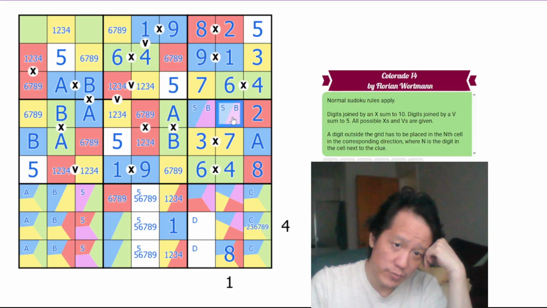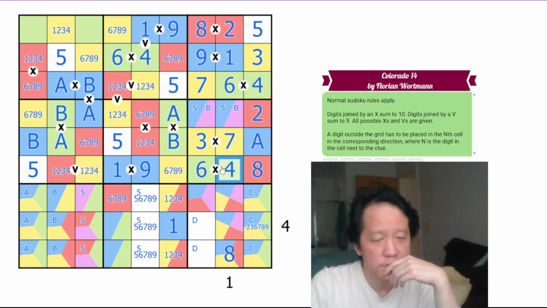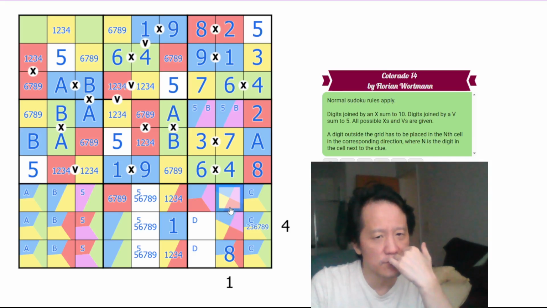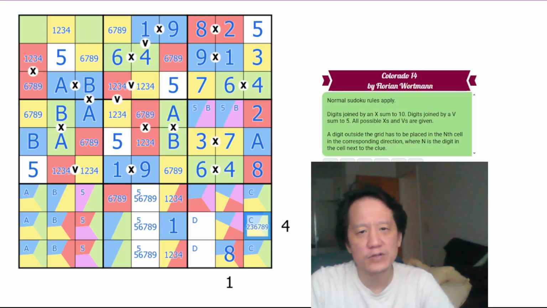This can't... Well, we don't know which one's which. So one of these is 3. That means this can't be 2, 3, or 8 here. So 4 is either in 6, 7, or 9. 4 would be green.